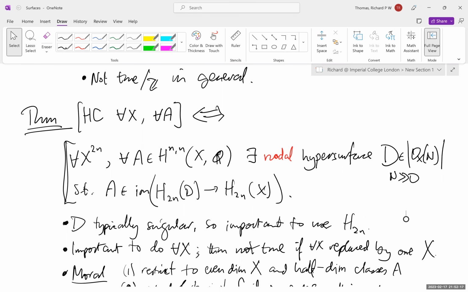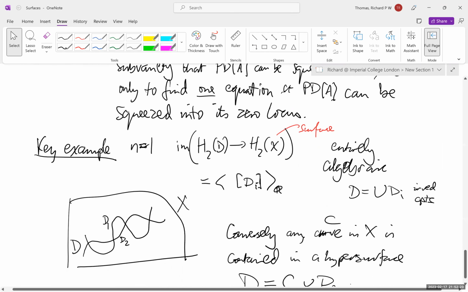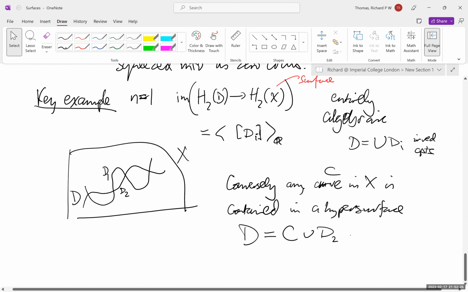So in the case of surfaces, if even the D is irreducible, it will give a trivial Hodge cycle. But in higher dimension, even if D is irreducible, it might encode many non-trivial Hodge cycles, I think. That's right. Yeah.